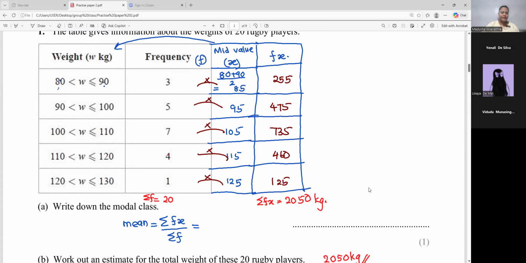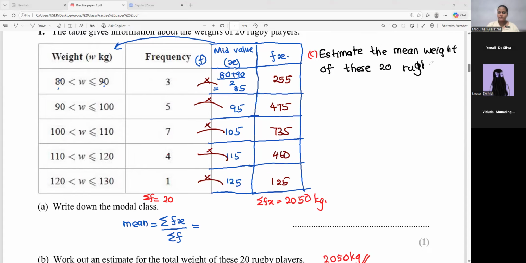Then if they ask to estimate the mean weight of these 20 rugby players, I will write a question like C on the side. Estimate the mean weight of these 20 rugby players. Then we need to use this formula.